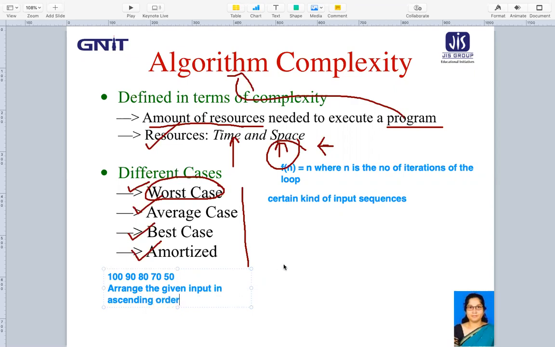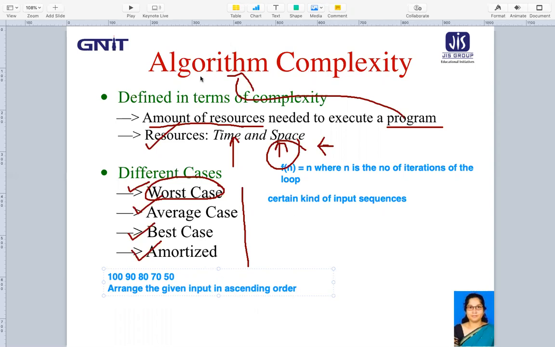In any kind of sorting algorithm we apply, whenever our input is given in descending order and we have to arrange it in ascending order, the loops have to go through the whole list of numbers. So we can consider this to be an example of worst case.